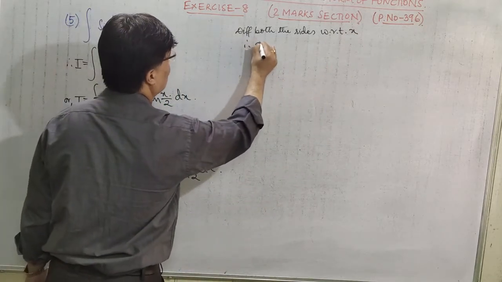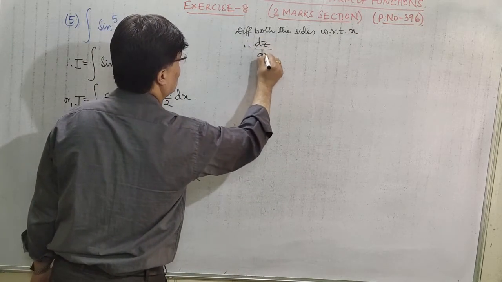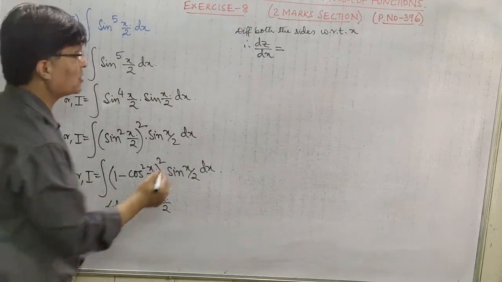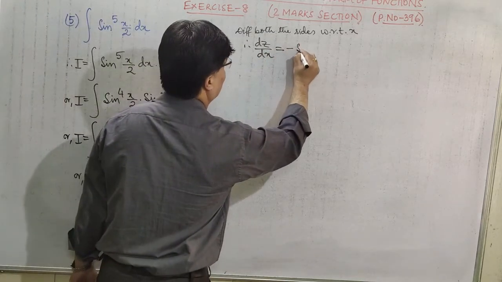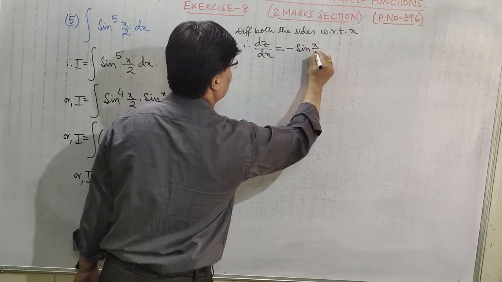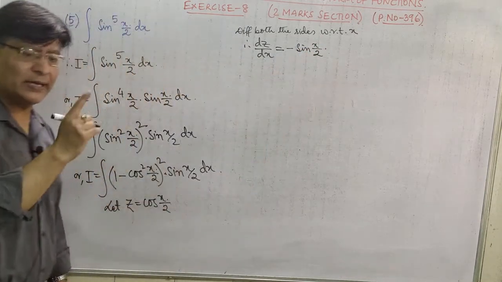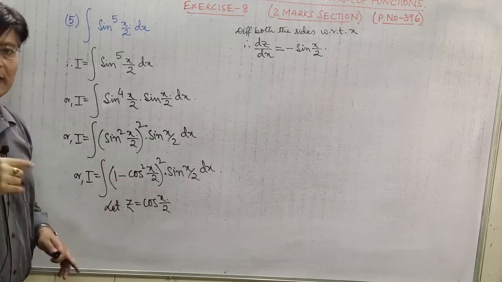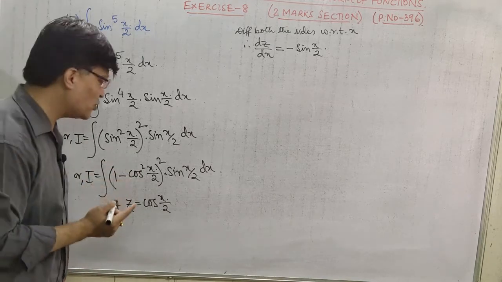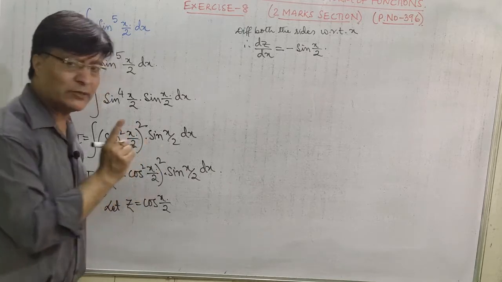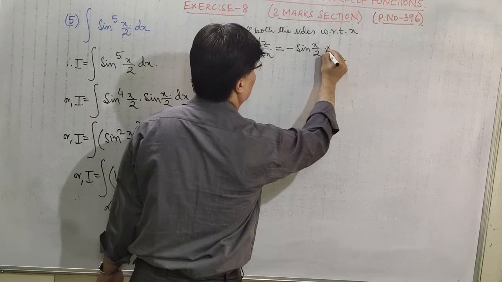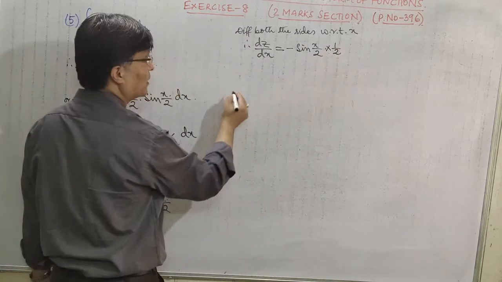So what is dz by dx now? It is cos x form. What is the differentiation of cos x? Minus sin x, but here it is x by 2 into, again you have to differentiate the term which is assumed as x, that is x by 2. What is the differentiation of x by 2 with respect to x? It is half, right?